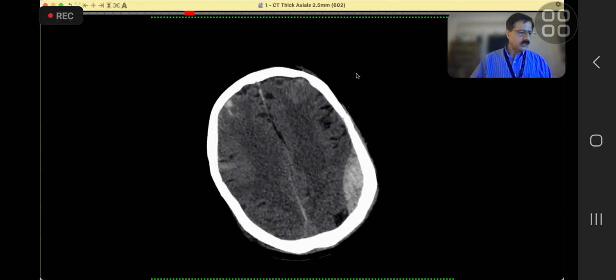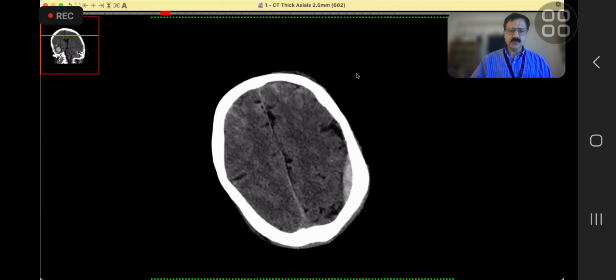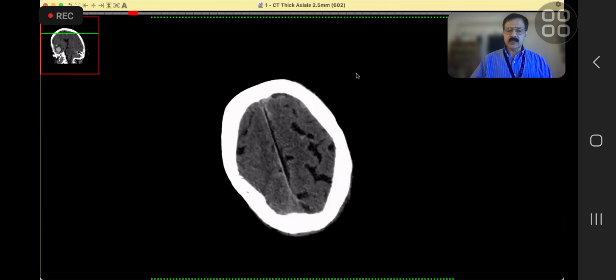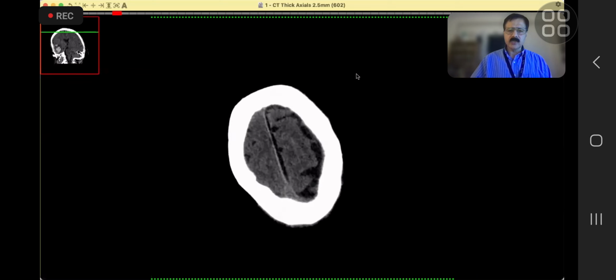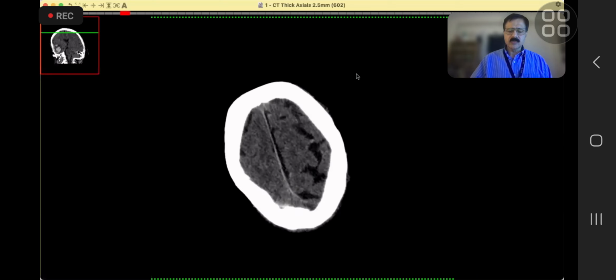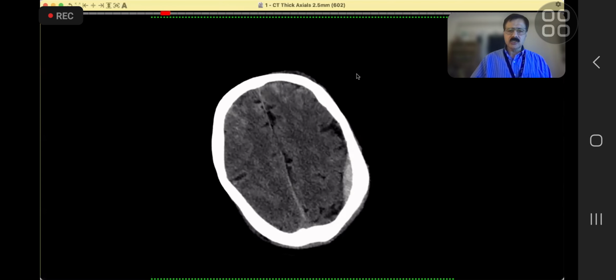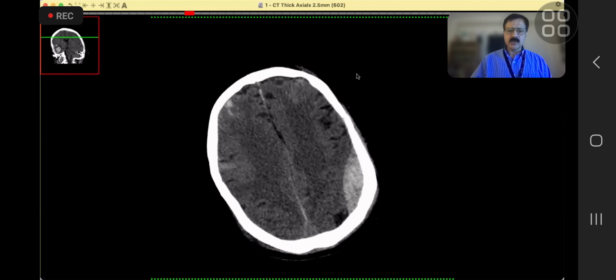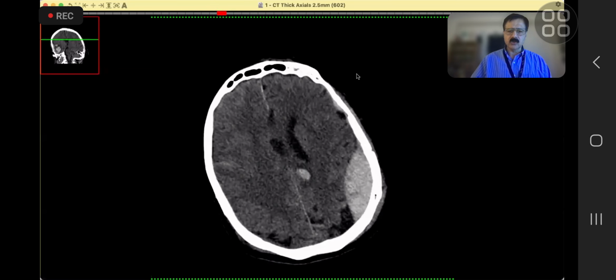Now, this is a 70-year-old road traffic accident A&E case. I am going to start from the top and come down. Just keep looking, then I will come from down to up to give you a second look.